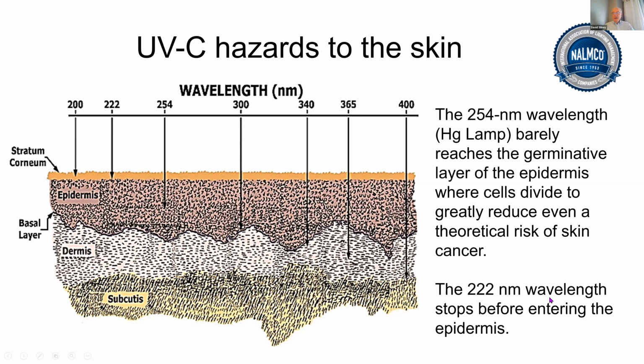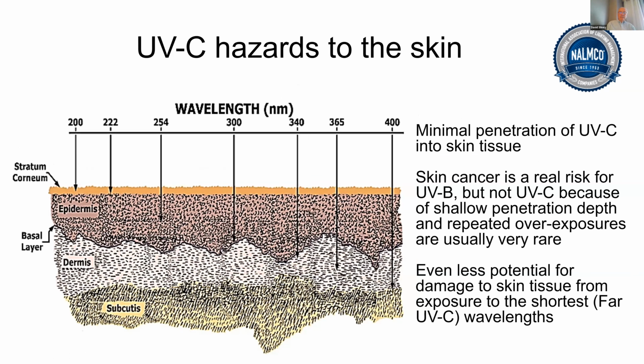Now, 222 nanometers was introduced in the last decade or so, and it was introduced because it seemed to be so much safer, and based upon all studies so far, it certainly seems to be far, far safer, because most of the energy doesn't even enter into the epidermis. And if it does, it's just the most surface cells that are about to die anyway to become the stratum corneum.